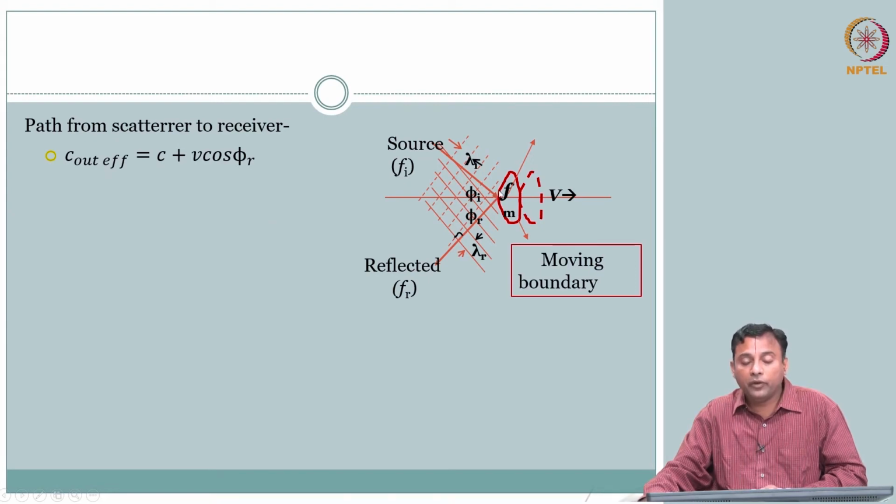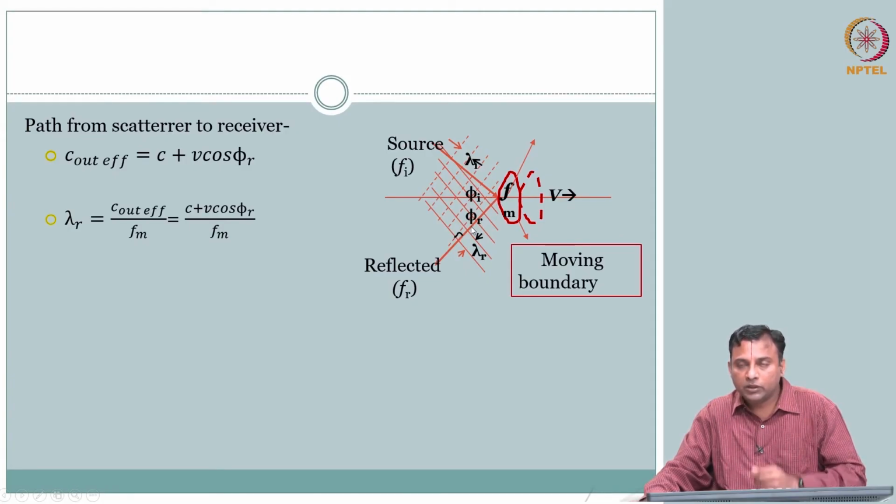Then, oh, we could also write our frequency fm, right. So, what we will do is, we will recognize c out, we know what is lambda r. Lambda r is the wave that you are sending out, the velocity with which you are sending out, because the reflected wave is going at a certain velocity, which is relative velocity because this is moving, otherwise it is the same medium.